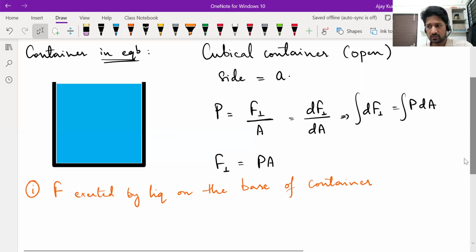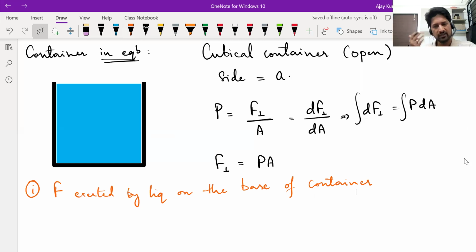Force exerted by a liquid, not just liquid, even if it's a gas, force exerted by a fluid perpendicular to a surface is the pressure multiplied with area. Pressure of the fluid multiplied with the area on which the force is acting. So using that, you calculate the force. Do this quickly. I'll give you 1 minute.